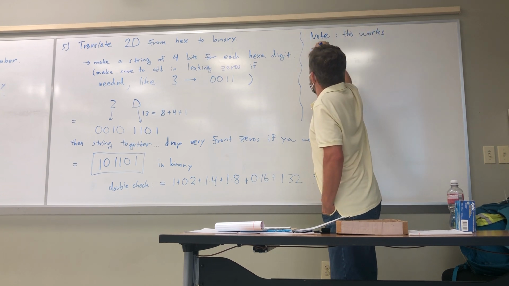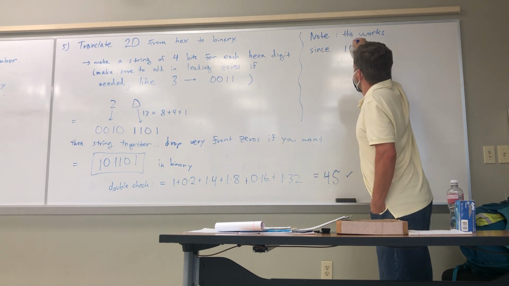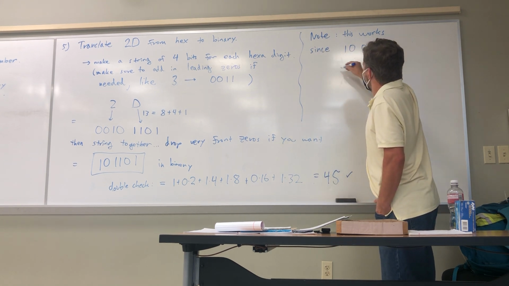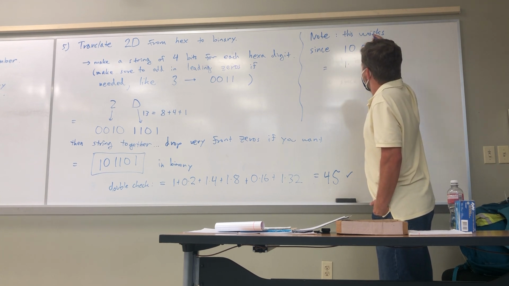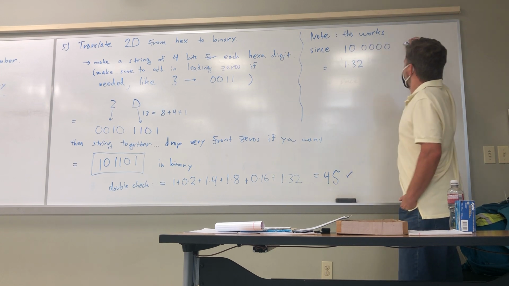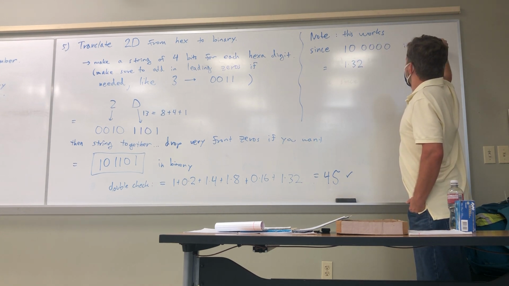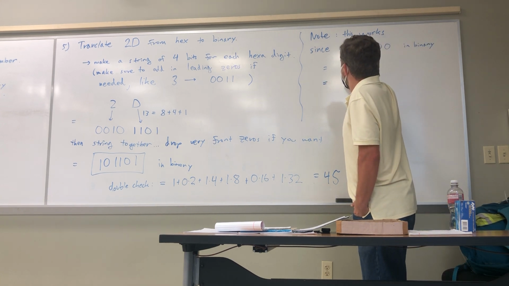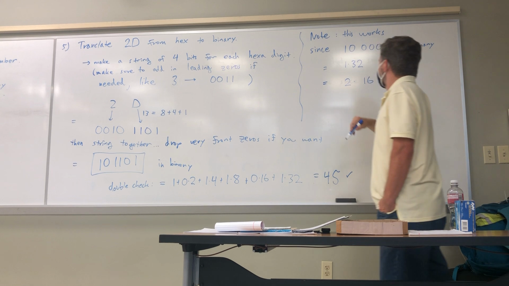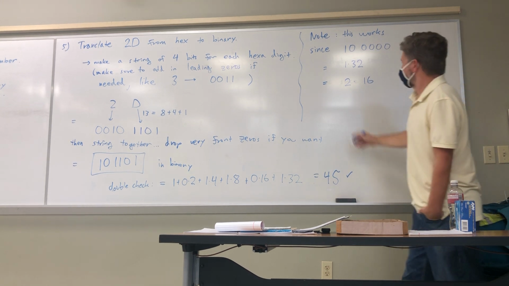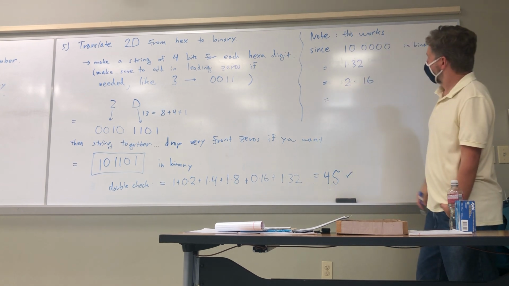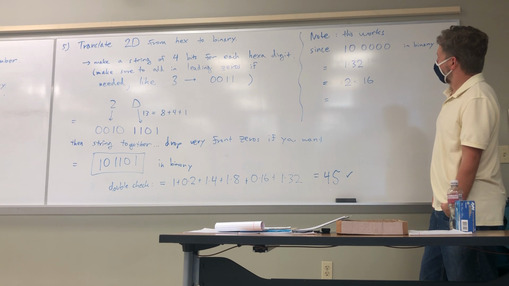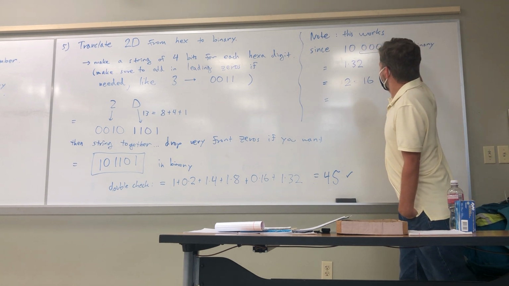This works since 1 0 0 0 0 0 is equal to 1 times 32, and this is in binary, but that's equal to 2 times 16, which looks like exactly what we have there. 1 0 times this 4 gives you the 16.